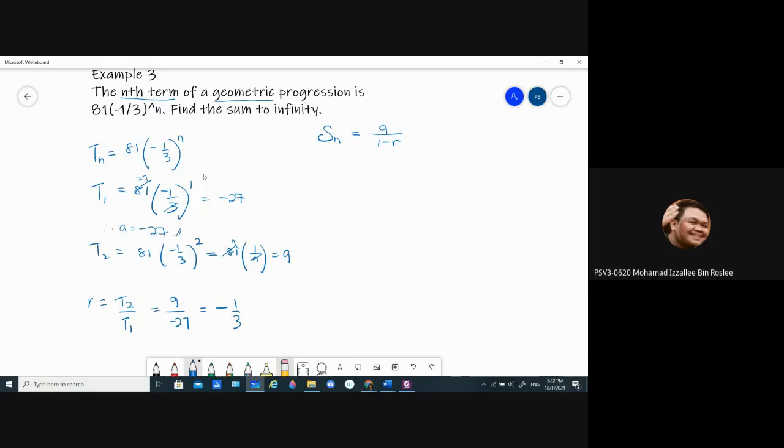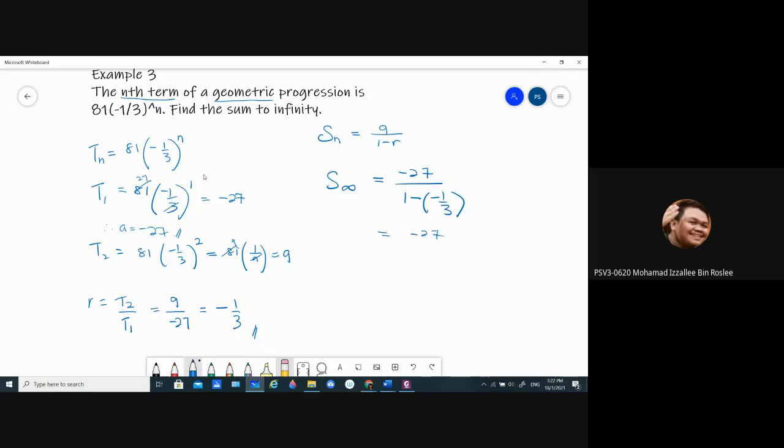So we know our A and we know our R. Let's find the sum to infinity. S to infinity is equal to A, negative 27, over 1 minus negative 1 over 3. So what is this?